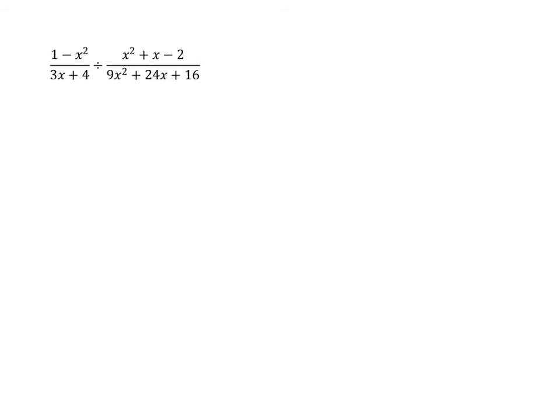Occasionally, you'll see problems that look like this. The first thing that I recommend that you do is rewrite this second one as its reciprocal, and then factor, simplify, all those other things.